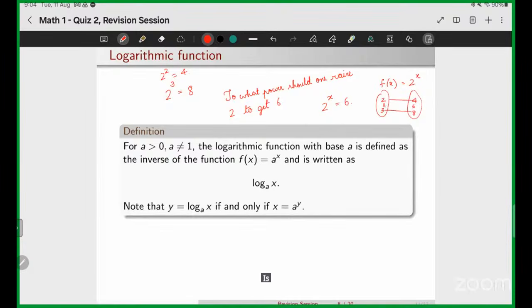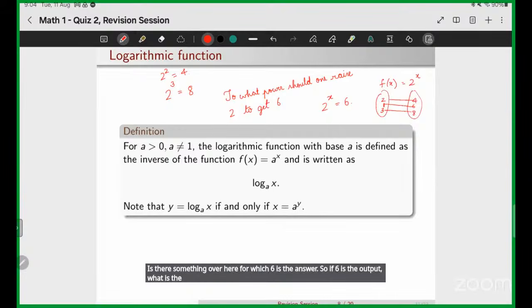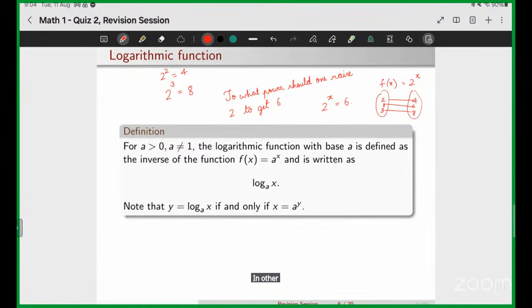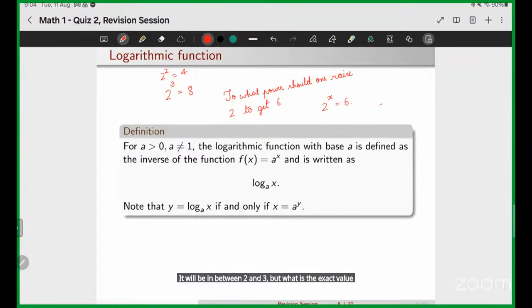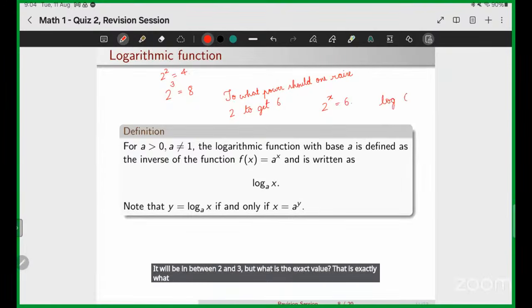Is there something over here for which 6 is the answer? If 6 is the output, what is the input? In other words, what is the inverse of 6? It will definitely be in between 2 and 3, but what is the exact value? That is exactly what we call log 6 to the base 2.